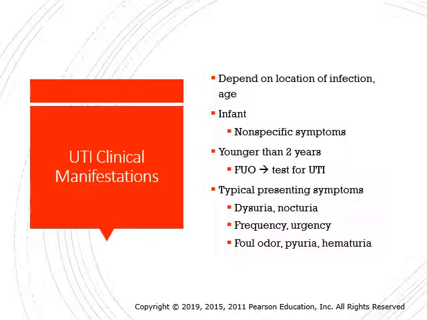Typically, the presenting symptoms of a urinary tract infection are dysuria and nocturia. So difficulty urinating is dysuria, and nocturia, they're frequently urinating at night. Frequency, urgency, foul odor of the urine, pyuria, which is pus in the urine, or hematuria, which is blood in the urine.